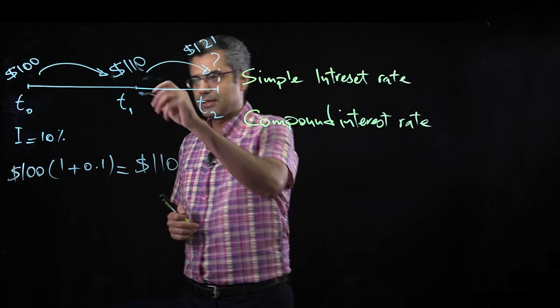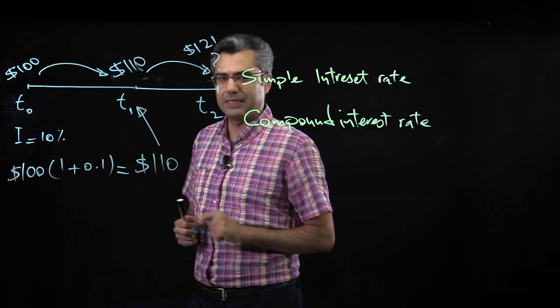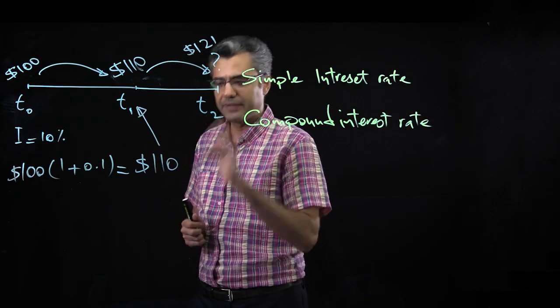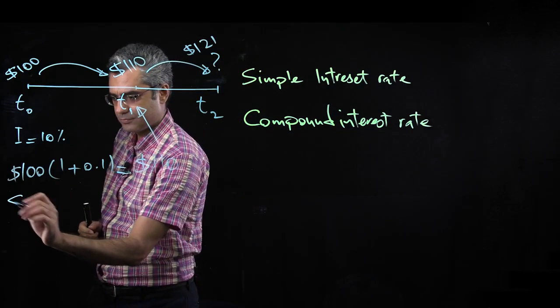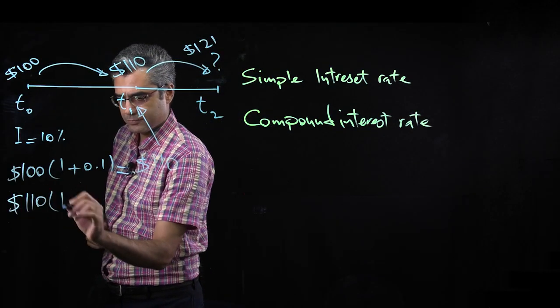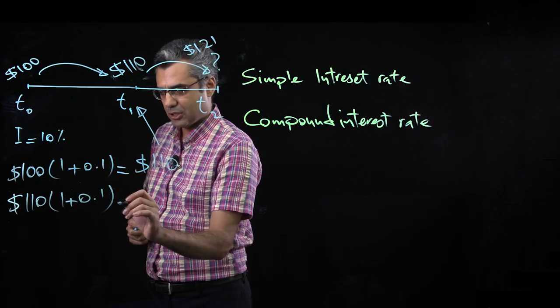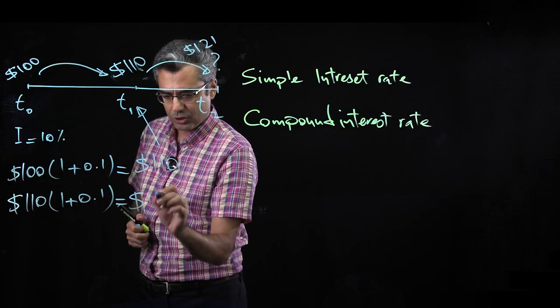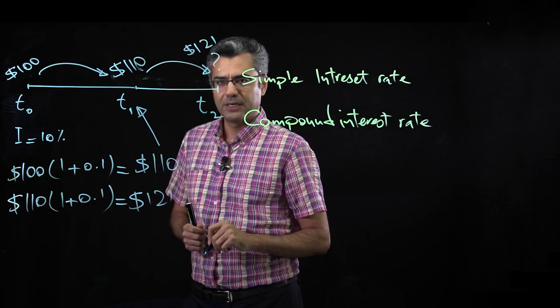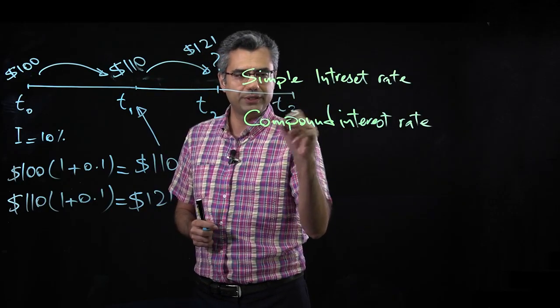This is the value of your investment after 1 year. Then in the following year, you will earn 10% on this $110. So if you compute, it will give you 121. What happens if you continue for 1 more year, T3?